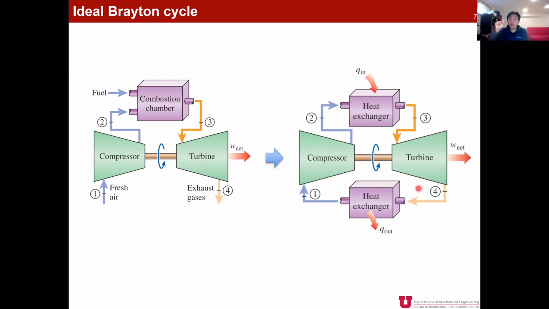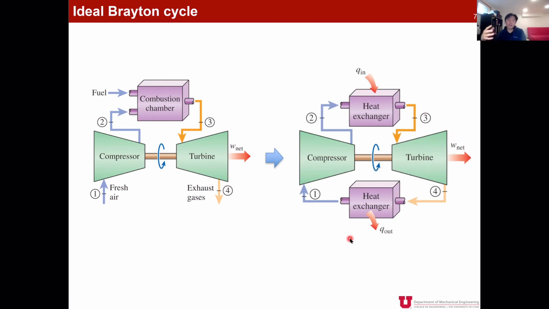And instead of an exhaust process, we have a heat rejection process. That is why we have those processes in the ideal Brayton cycle. But the way the turbine runs in connection with the compressor to produce a net work still remains the same.